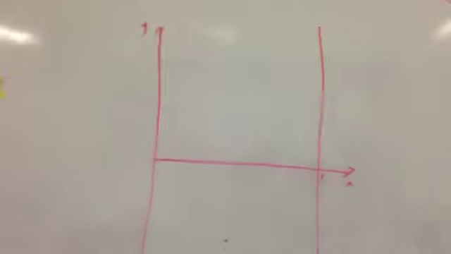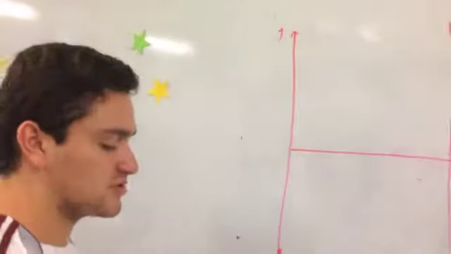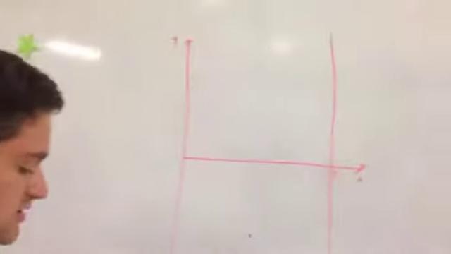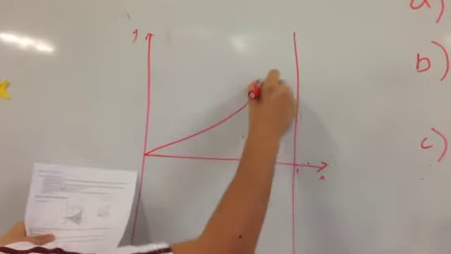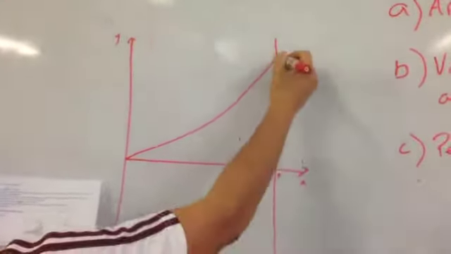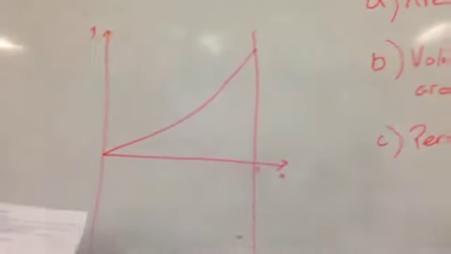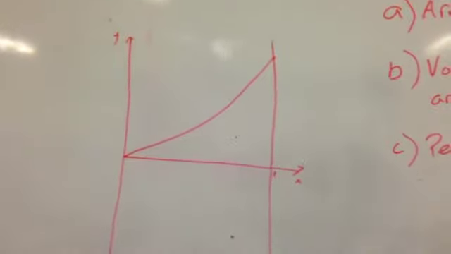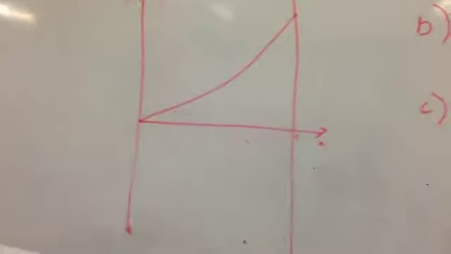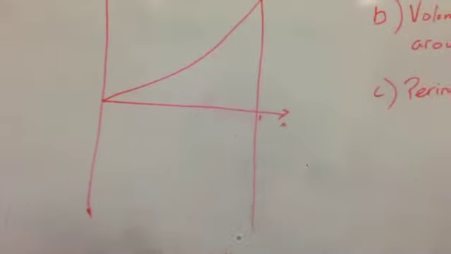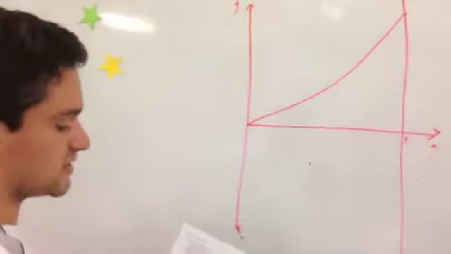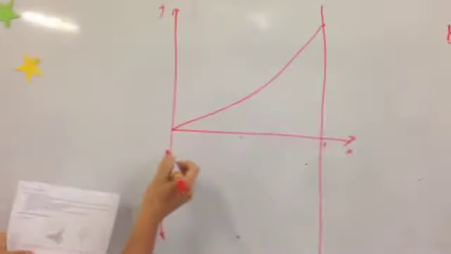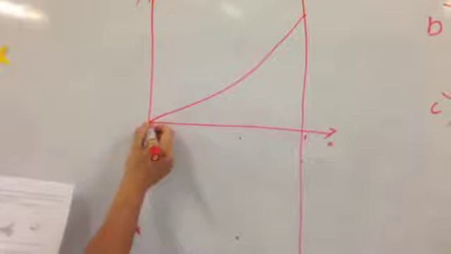One is x times e to the power of x squared, which would look like this. And it intersects with the line x equals 1 at this point. And the second line is y equals negative 2x, so this would be a linear function looking like this.